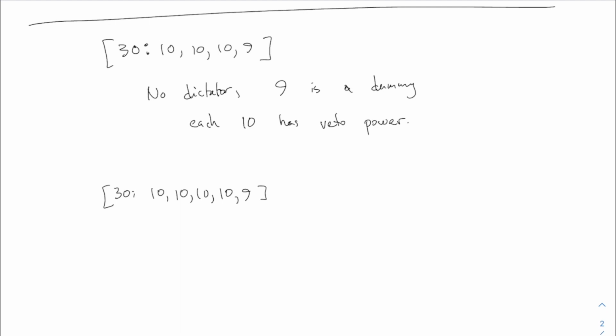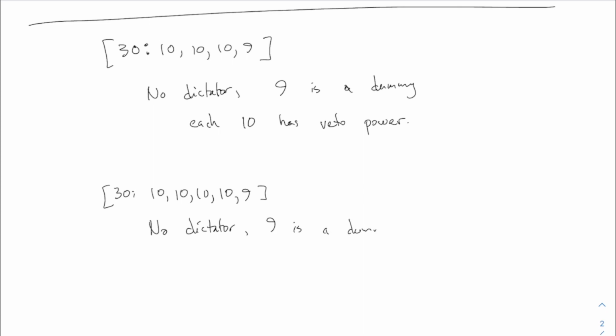So still no dictator. The veto power is the one which might be different. Is the 9 still a dummy? I think the 9 is still a dummy. There is still no scenario in which the 9 actually matters to make it to 30. So no dictator, 9 is a dummy.